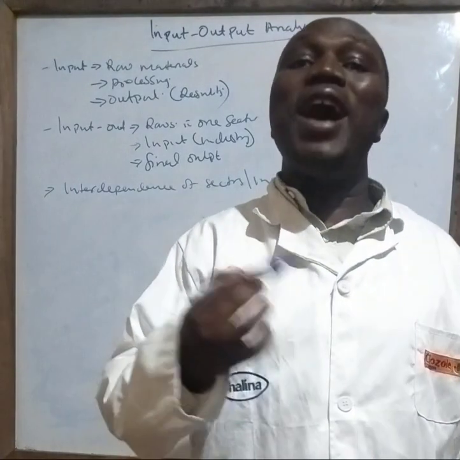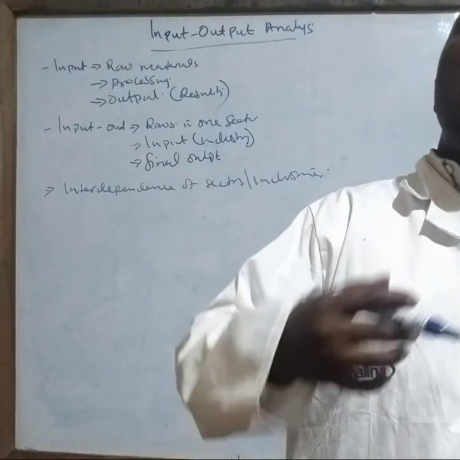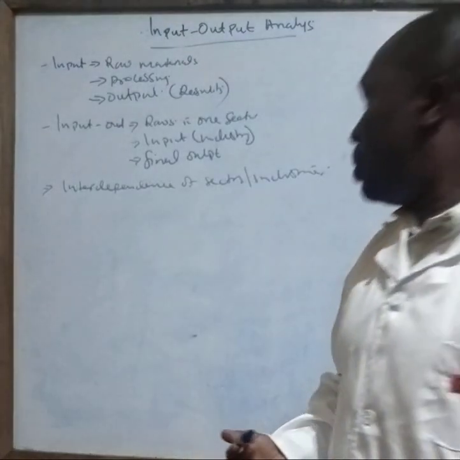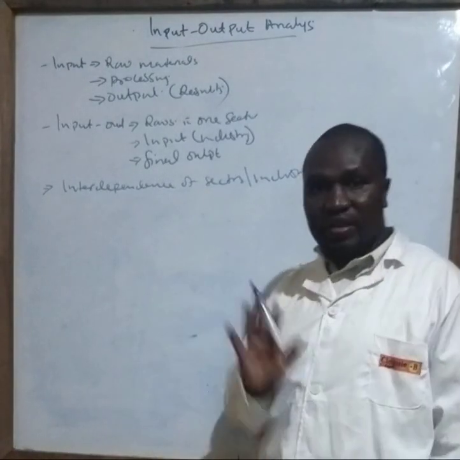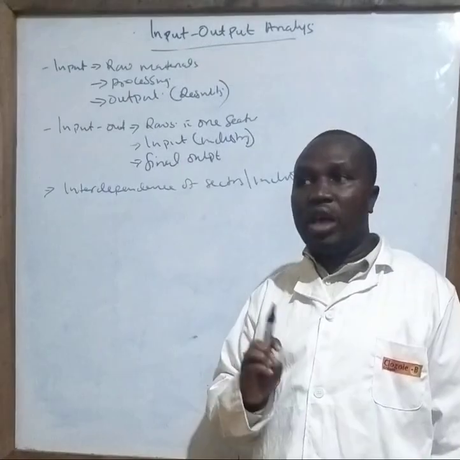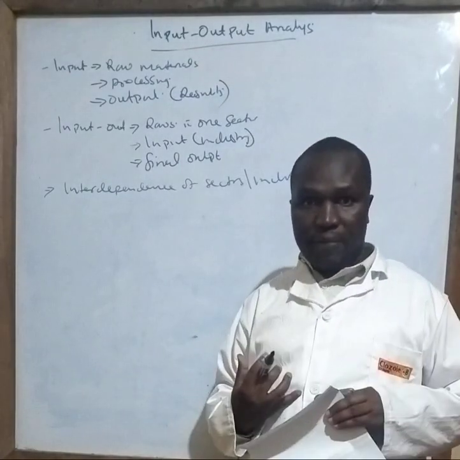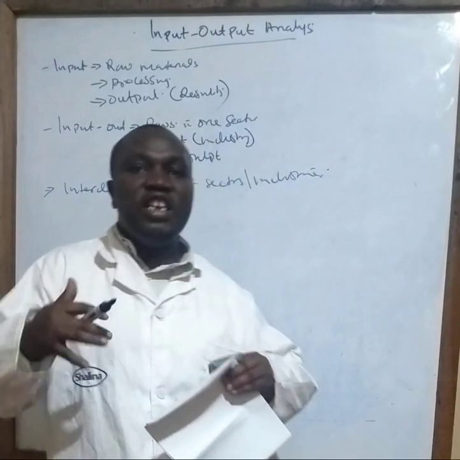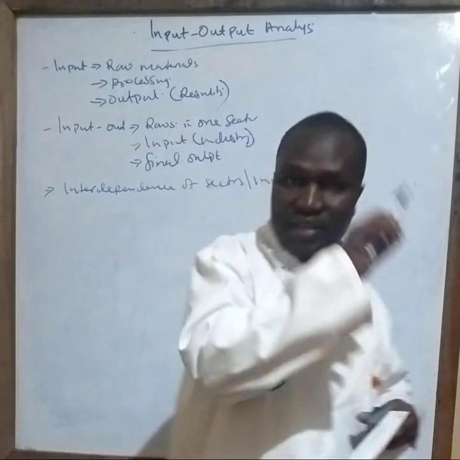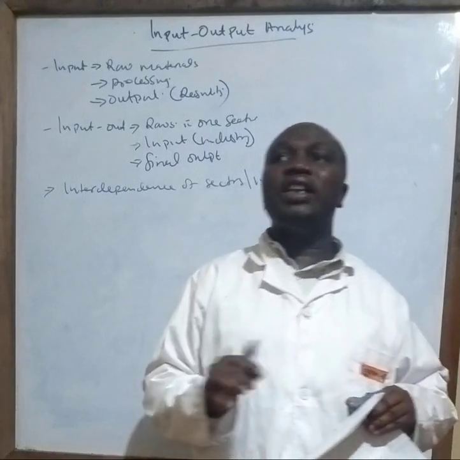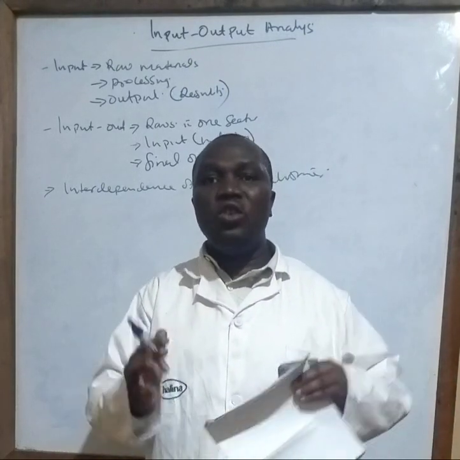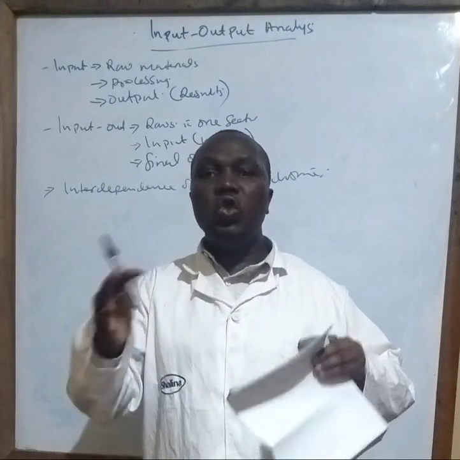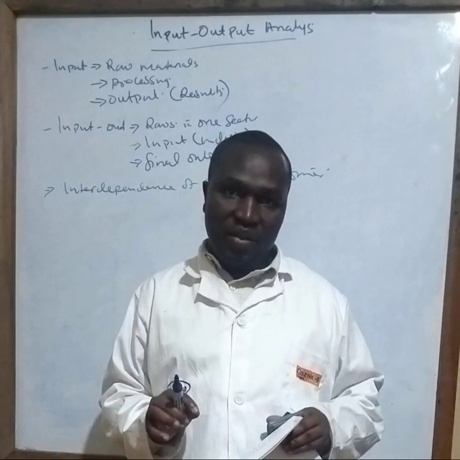It depends on other industries for it to produce. For example, if you are in the agricultural sector, you produce raw materials as output. These raw materials as output can be used as input in the industry, or they can also be used as a final product to be consumed as it is.